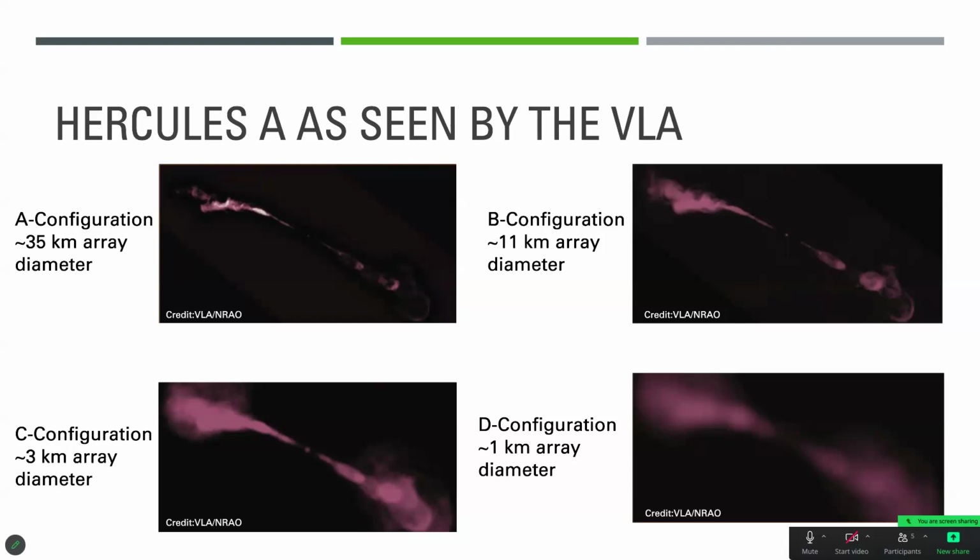This is with the smallest configuration, all blurred out, but you'll also see a lot of large scale features that you didn't see in the small scale image, right? So that's the drawback. I can make my interferometer bigger, but that also means I lose a lot of information down here, right?